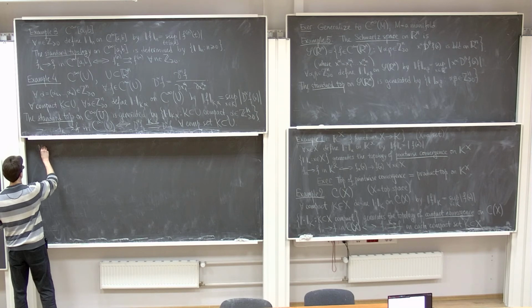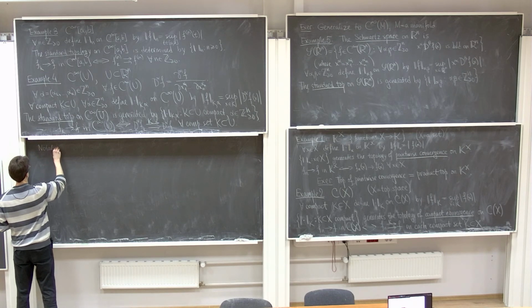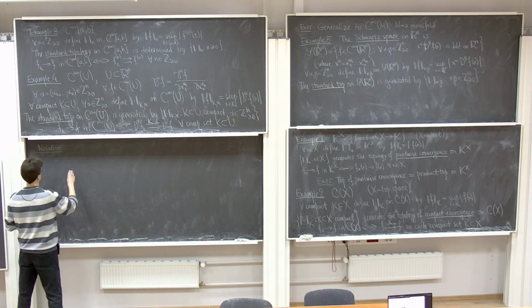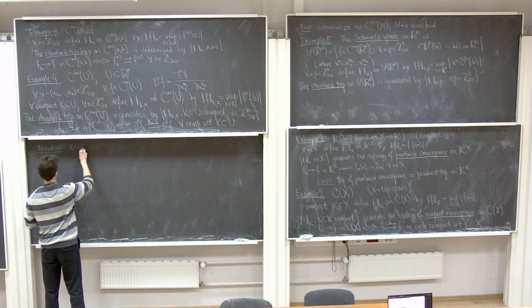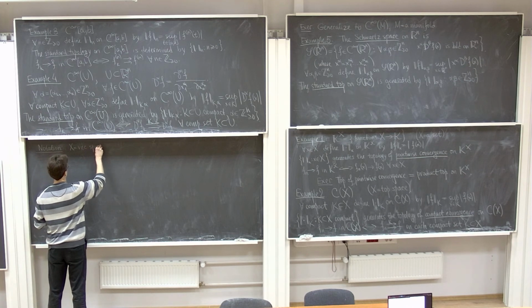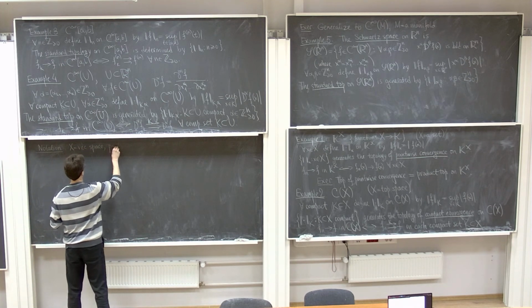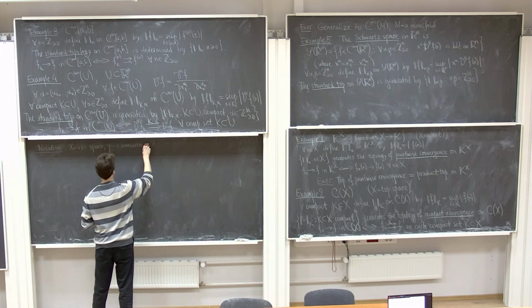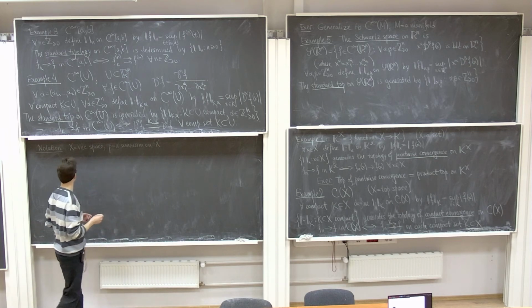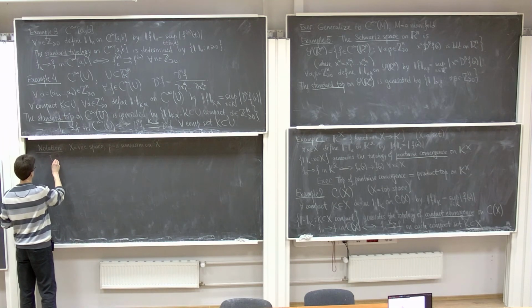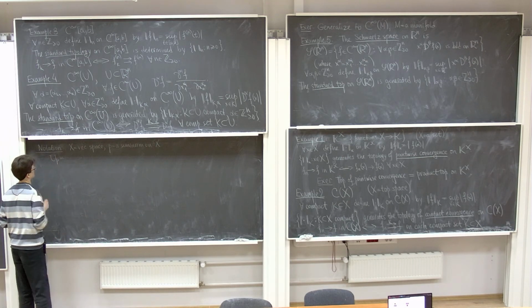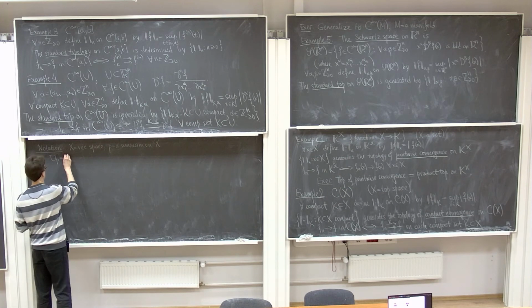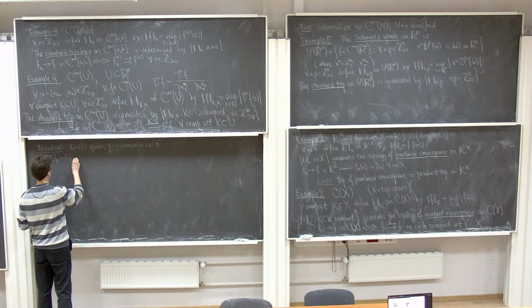So first of all, let's introduce some notation. Suppose that X is a vector space and P is a seminorm on X. We denote by UP the open unit ball with respect to P centered at 0.